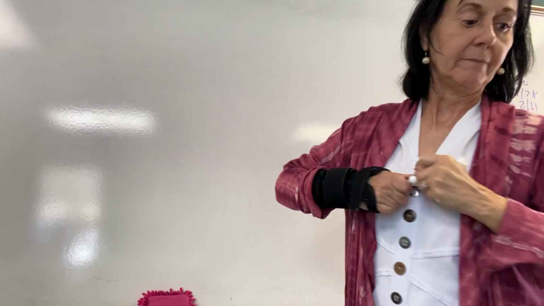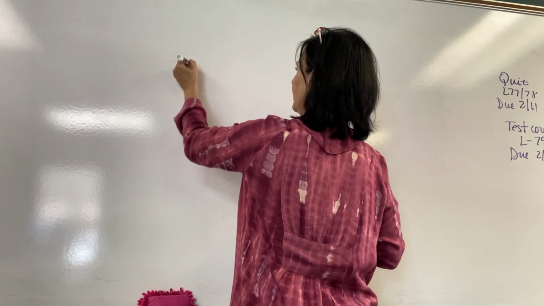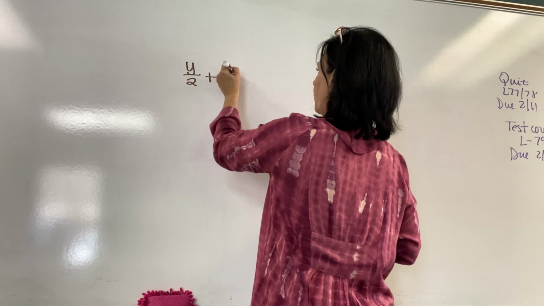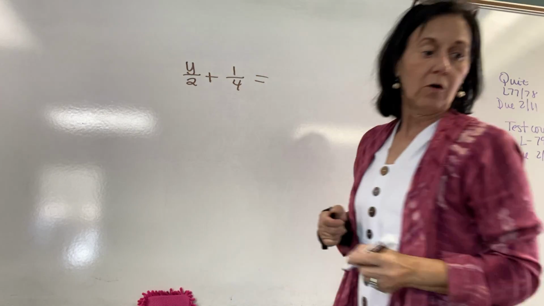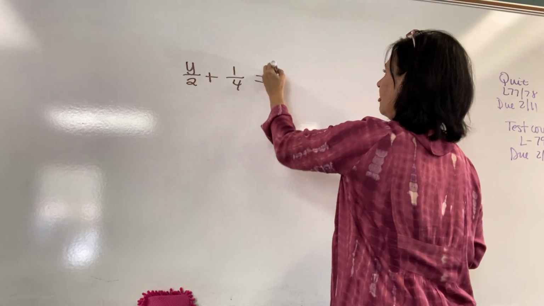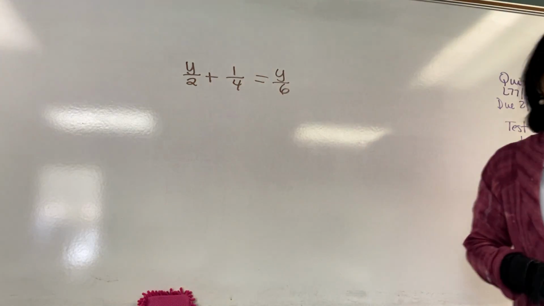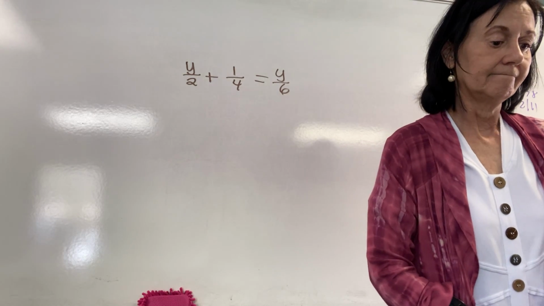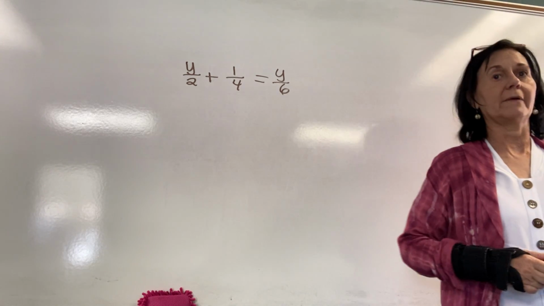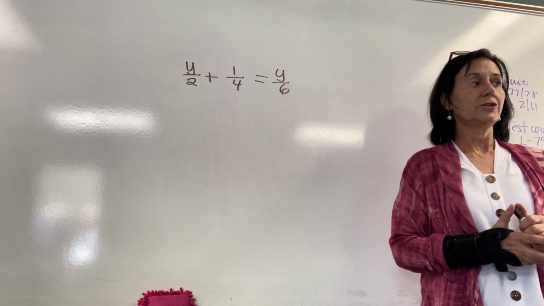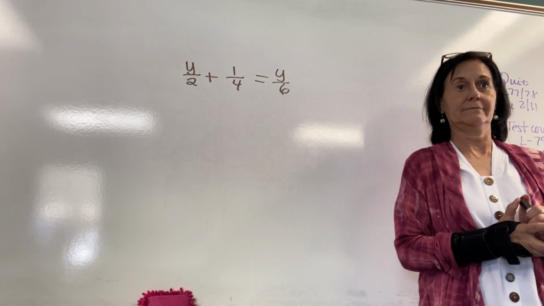So look at the first problem. y over 2 plus 1 over 4 equals y over 6. Now I'm looking at the denominators: 2, 4, and 6.